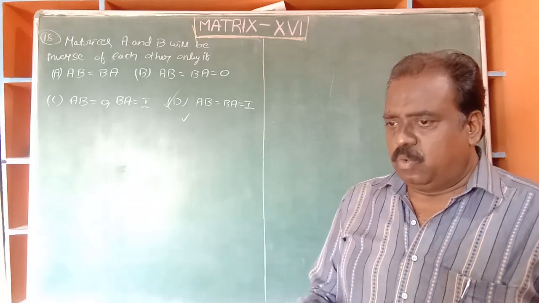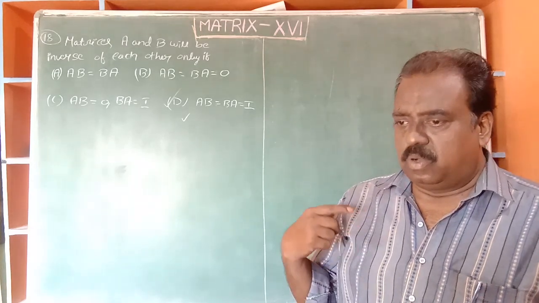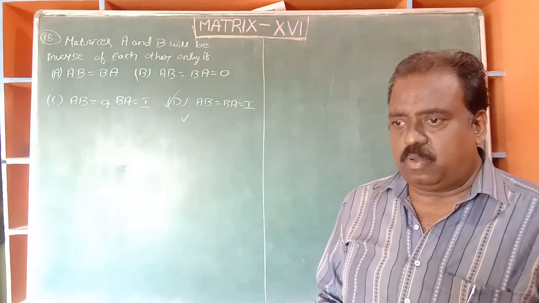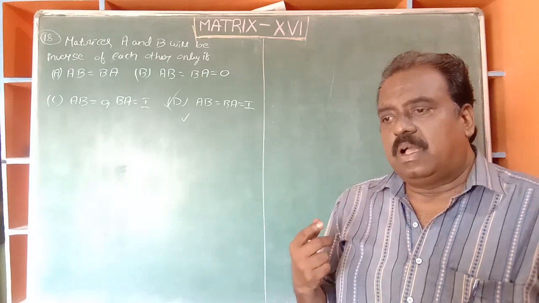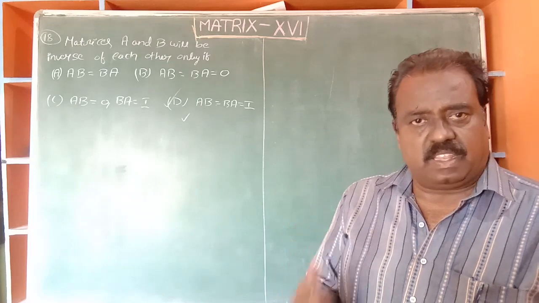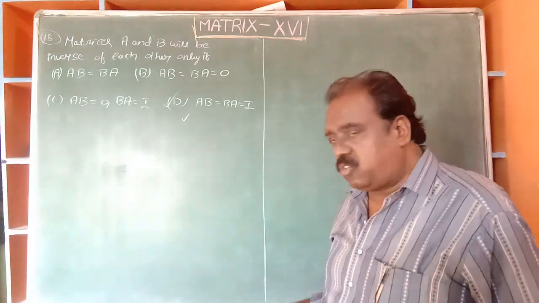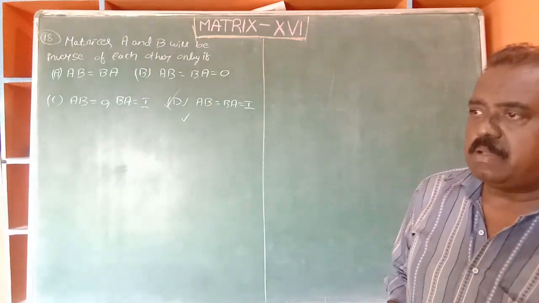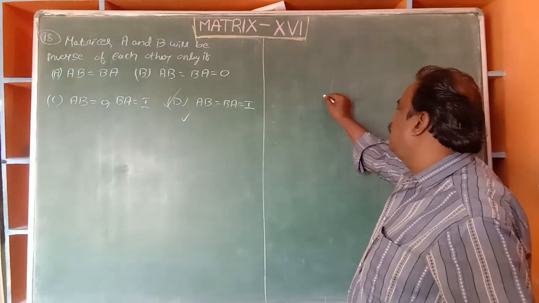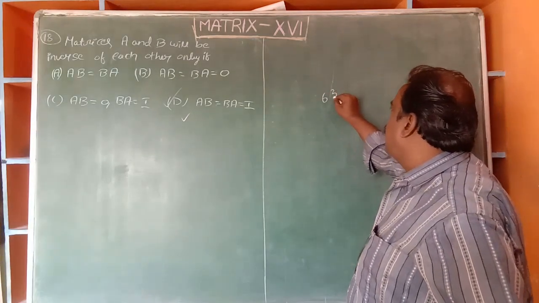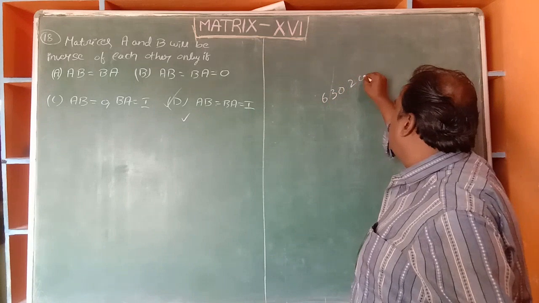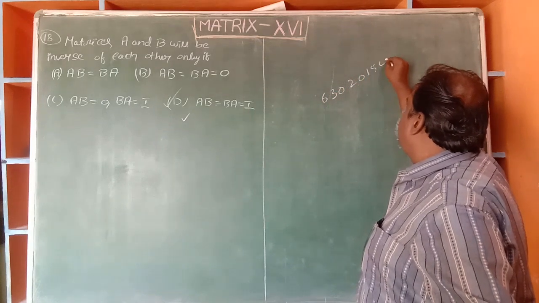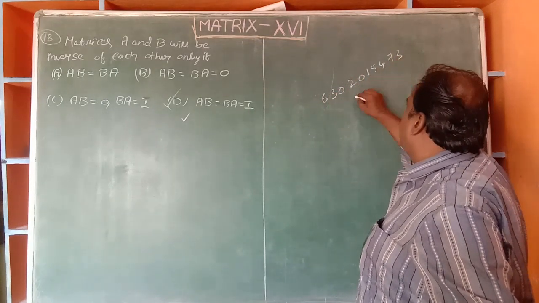But if you go through these videos, the previous videos, you can easily understand. Or otherwise you ask me. My number, you know it well. My number is 630201547. This is my new number.